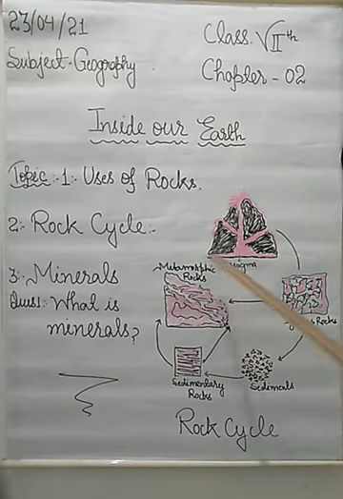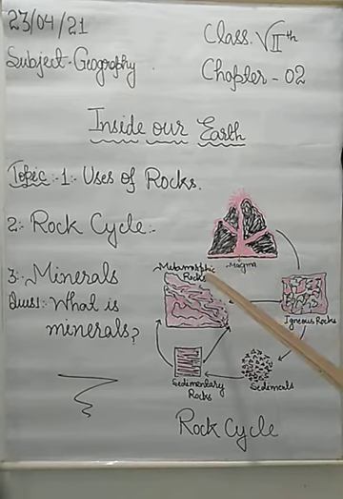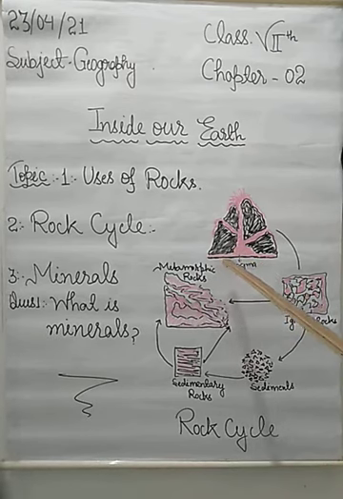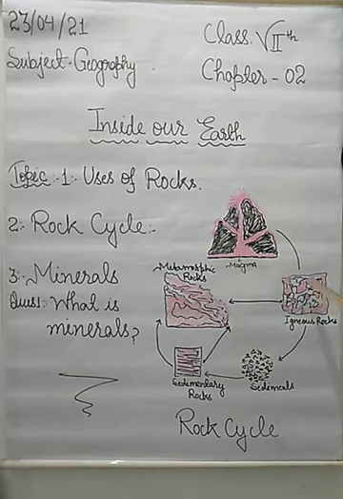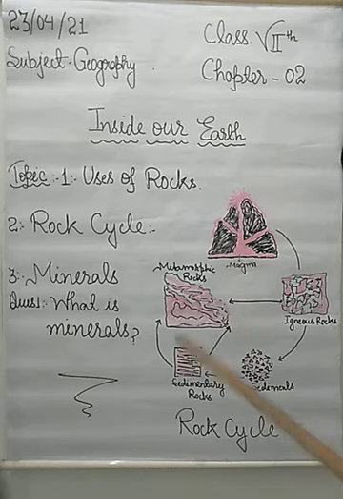Then this mixture of magma and metamorphic rock cools down and is responsible for the formation of igneous rocks. So now you can understand this is the rock cycle. In this way, rocks can change from one type of rock to another type of rock. Okay, understood?